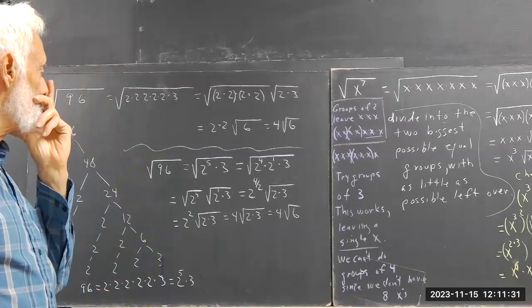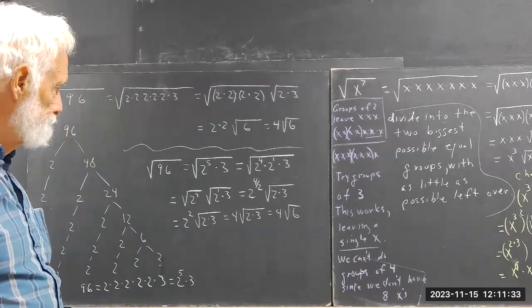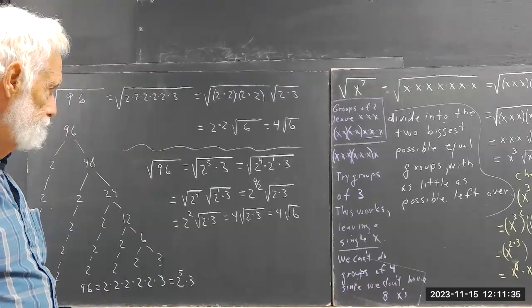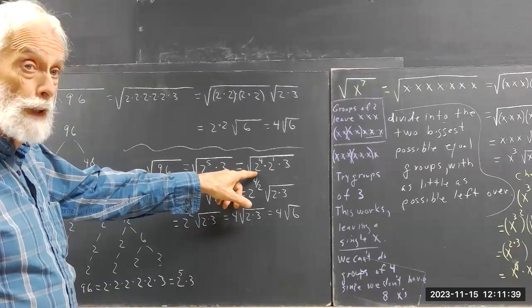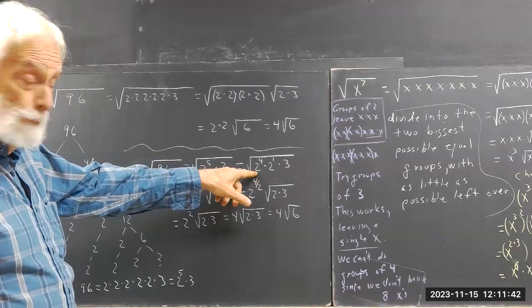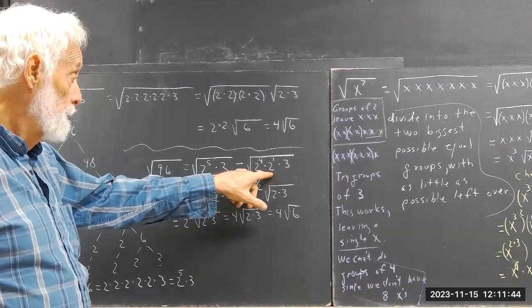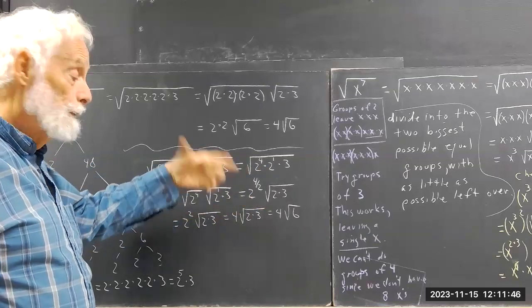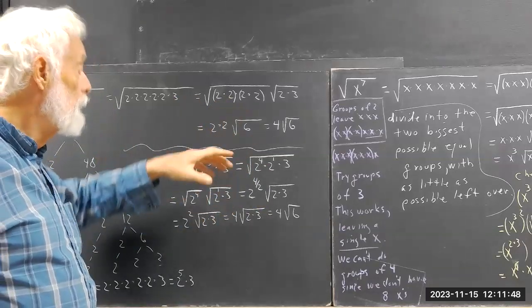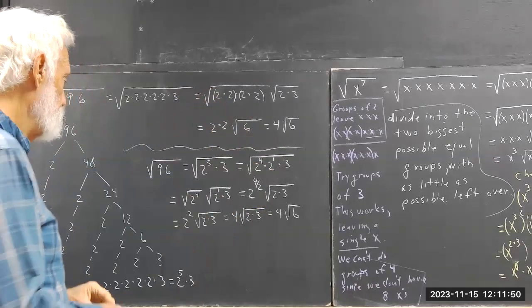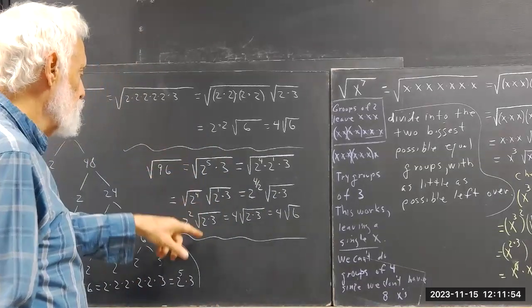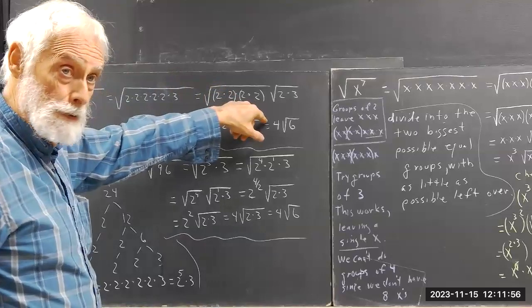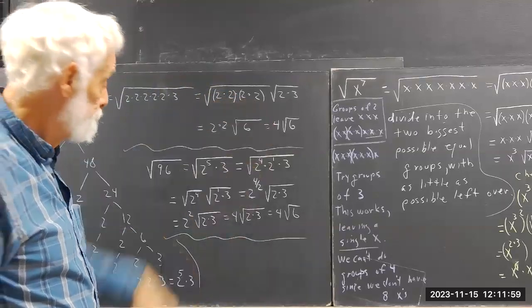So again, the idea is we take the biggest even power of 2, and then whatever's left over. And then if 3 has a power greater than 1, we do the same thing for 3. This works because this is what it all is.